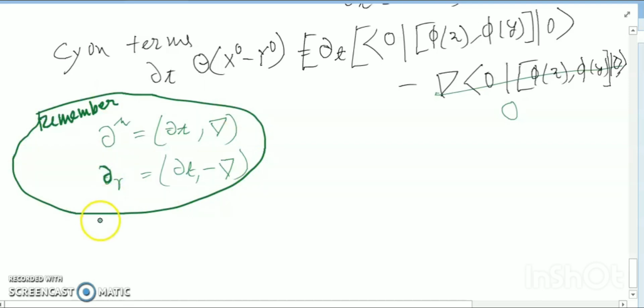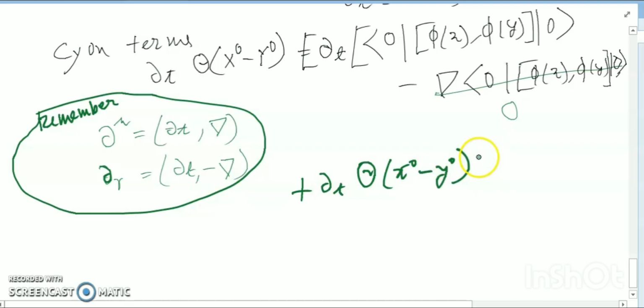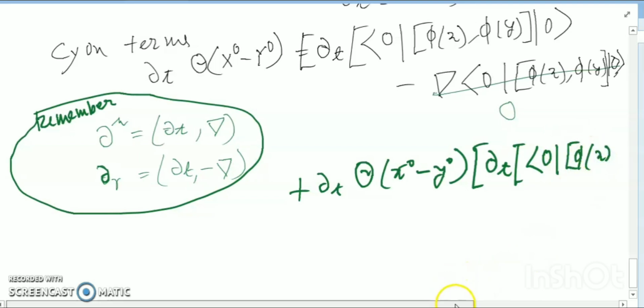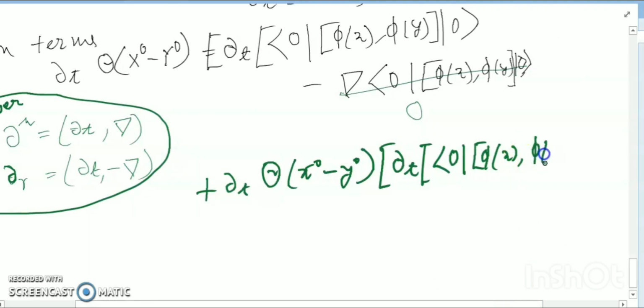So as we remember this term, we get this value plus del t capital theta (x0 minus y0) and del t 0 into phi x comma phi y.